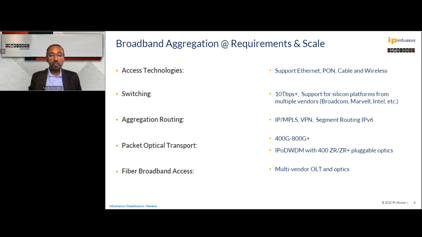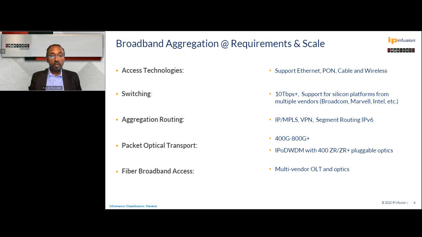In terms of speeds, the current requirements are 400 gig, and in the very near future, we expect this to grow up to 800 gig and beyond. 400G ZR+ pluggable optics are the solution of choice for packet optical transport, and we expect this trend to continue for the near term.